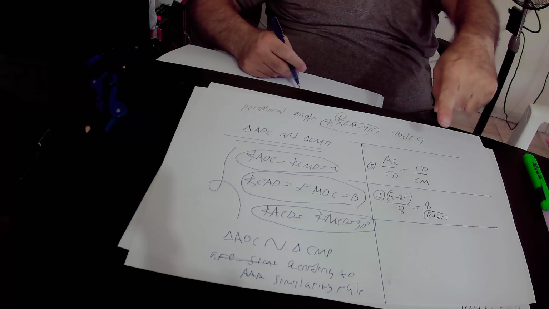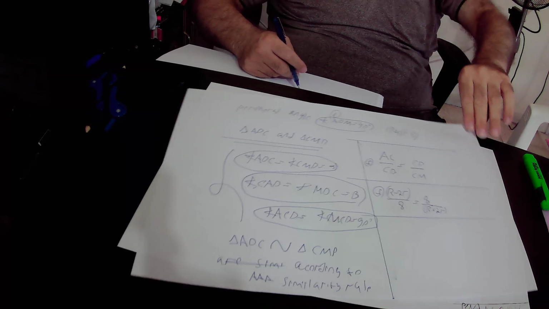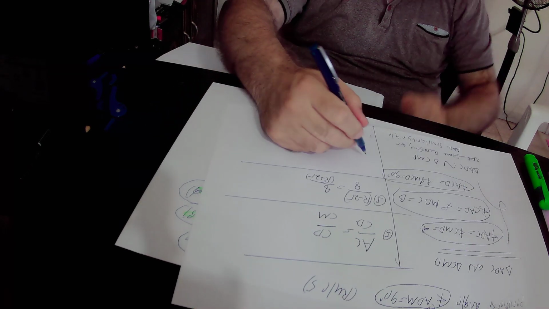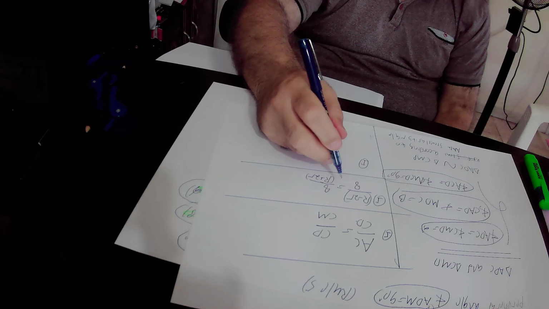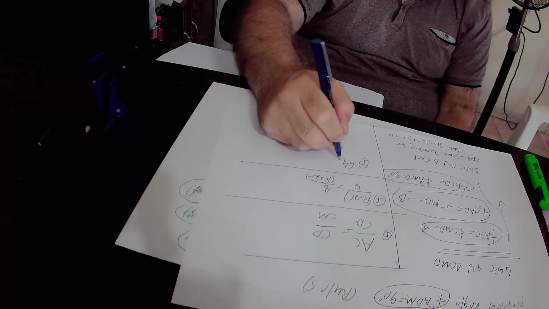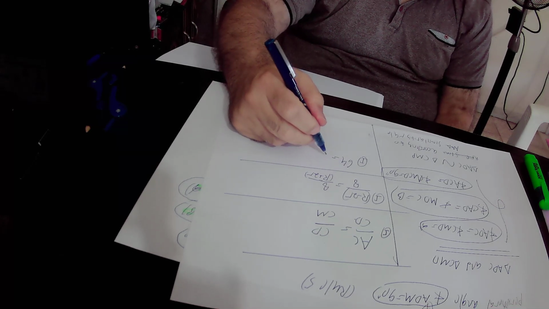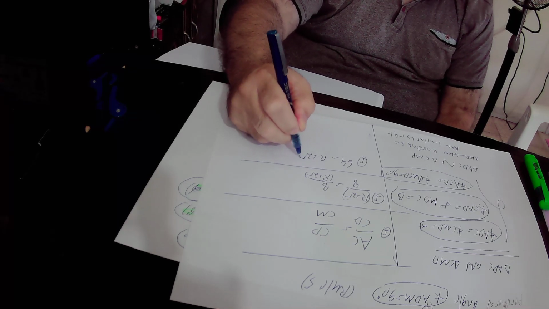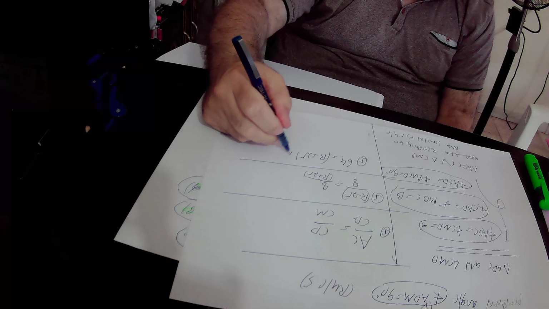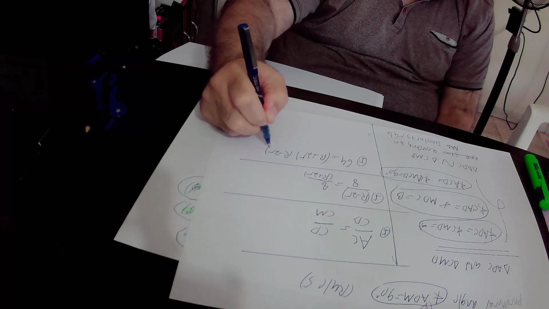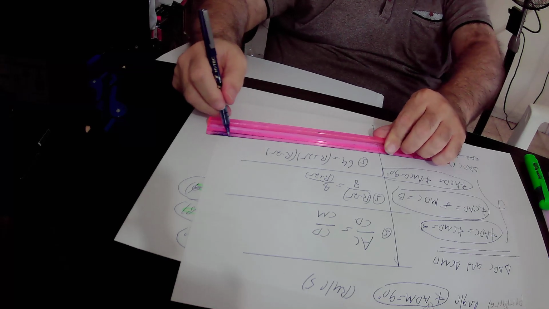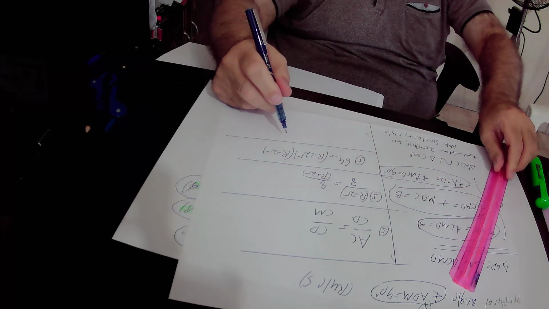Here we cross multiply this equation number 1, and we get that 8 times 8 is 64, that is equal to capital R plus 2R times capital R minus 2R.